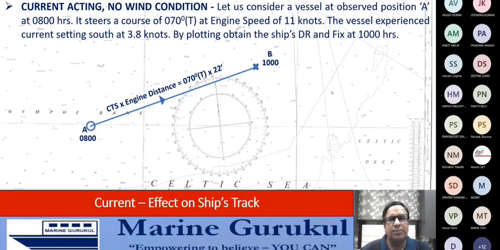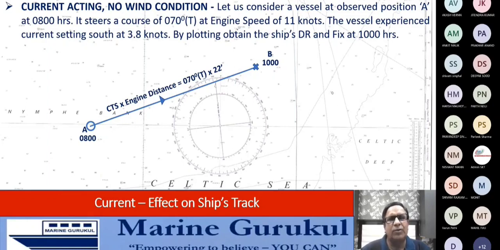So if only the ship's propulsion vector, CTS, and engine distance vector acts for 2 hours, then the vessel is expected to displace from position A to position B. So at 10 o'clock, you would expect the ship to be at B. Now, once at B, let us assume the engines are stopped. The ship is in complete rest in relation to the surrounding seawater. And now the current sets in, setting south at 3.8 knots.